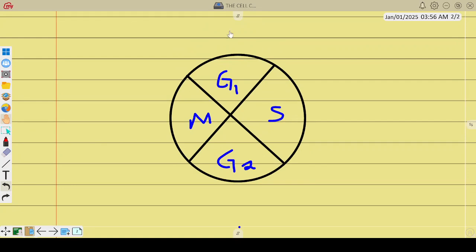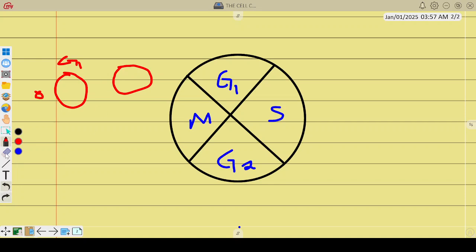In interphase, remember a cell is basically small. It will have to grow. This is G1, and then when it grows, DNA will be doubled.